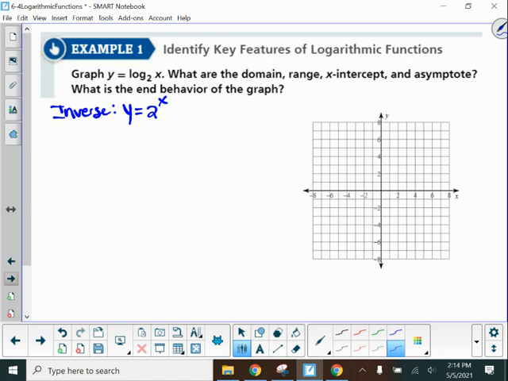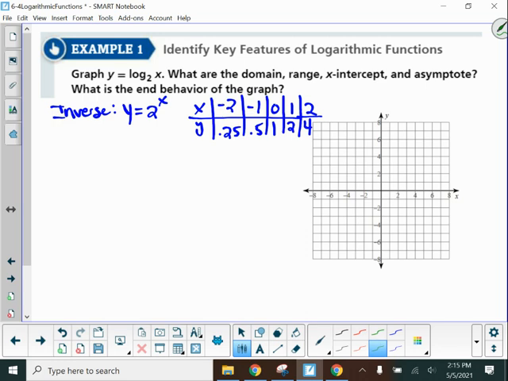So if I look at the table here of the inverse, if I use the values -2, -1, 0, 1, and 2, at -2 I get 0.25, at -1 I get 0.5, 0 is 1, 1 is 2, 2 is 4, and so on.